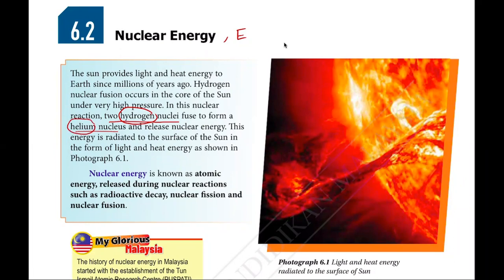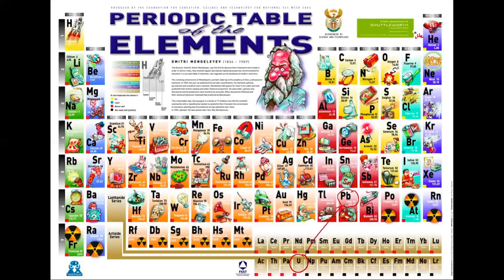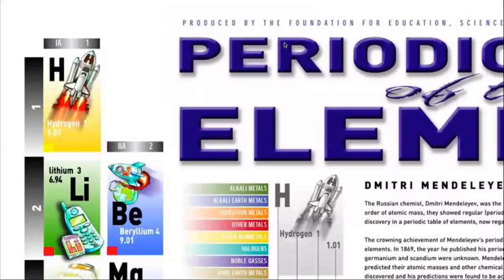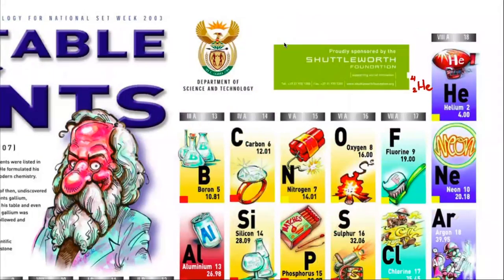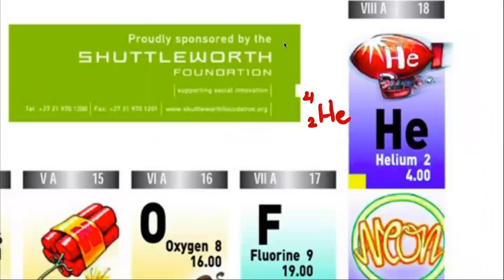By referring back to the periodic table, based on this periodic table, we can see that hydrogen is atom number 1, and helium is atom number 2. Now, how do we get the helium nucleus?